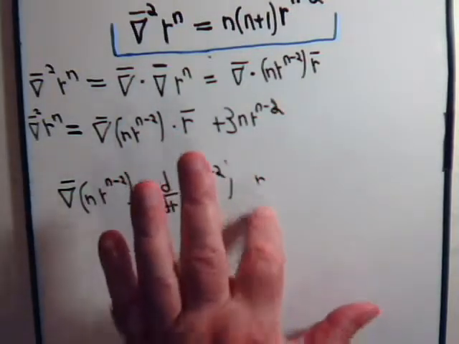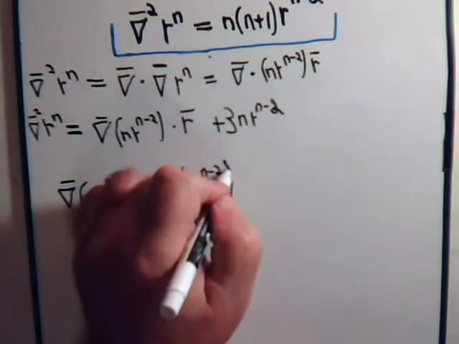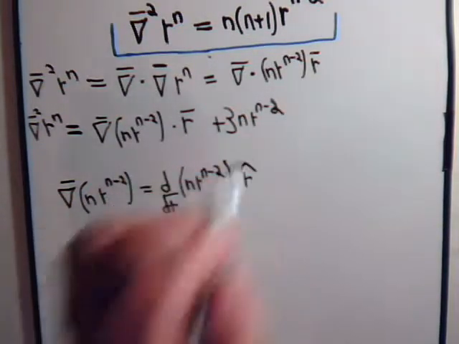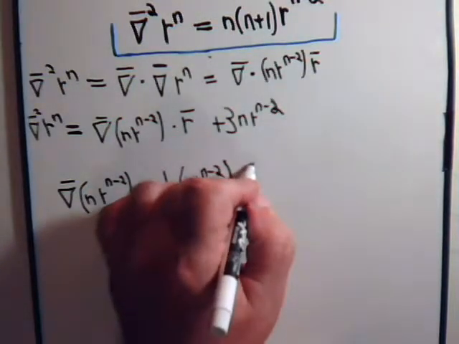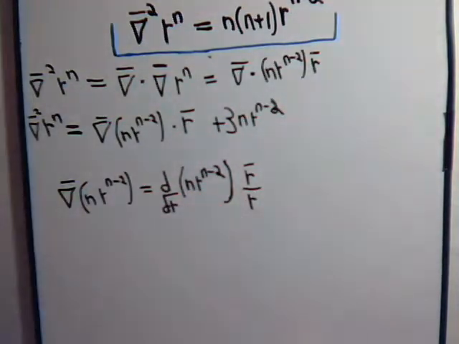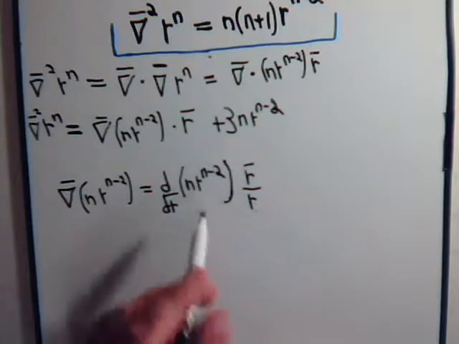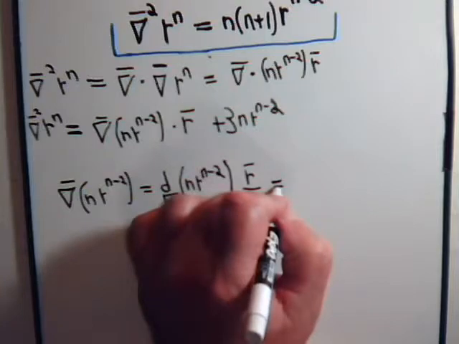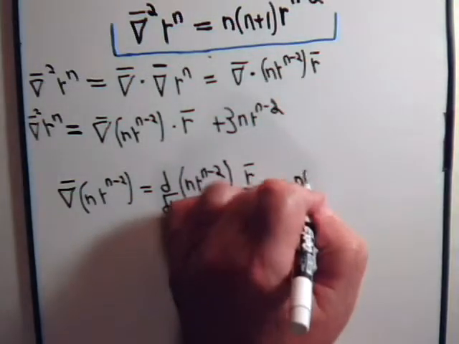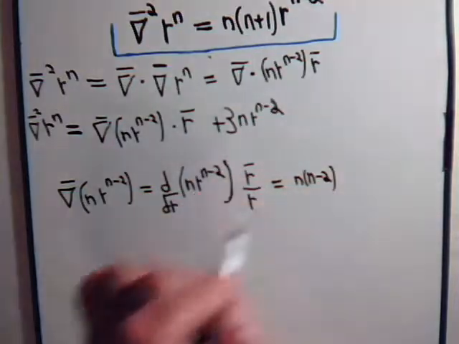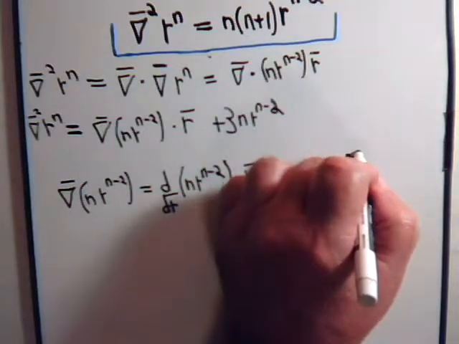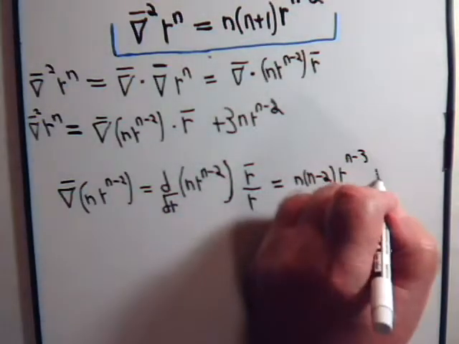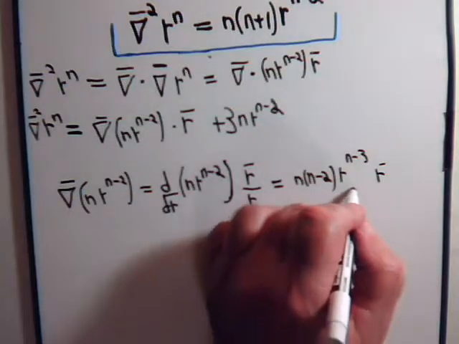And the unit position vector is just the position vector divided by its magnitude. So we have this. Now we can take the derivative here. That is equal to n times n minus 2 times r to the n minus 3 times the position vector r divided by r.